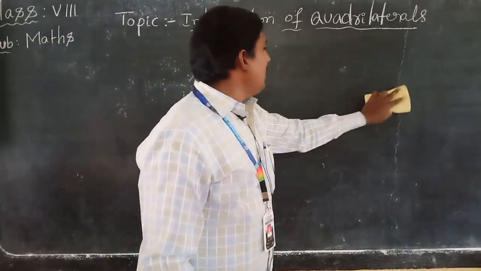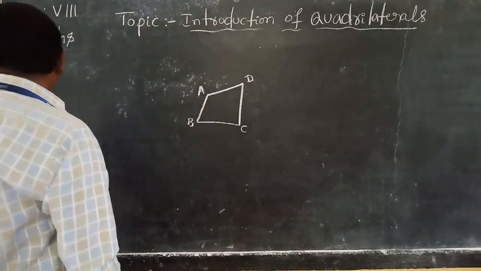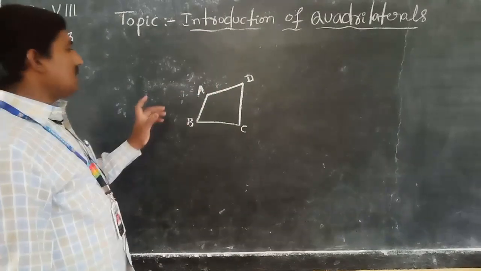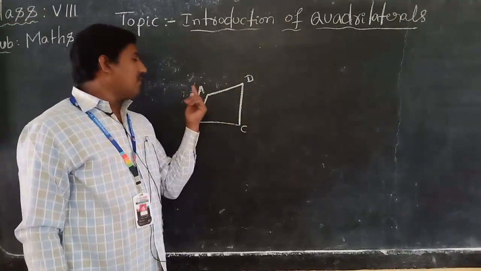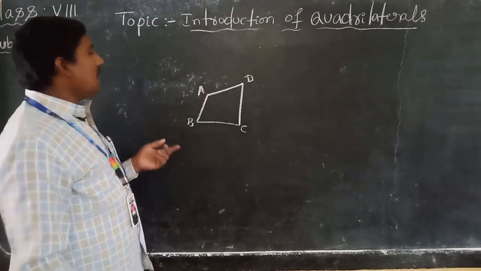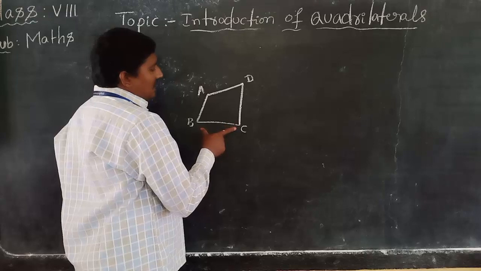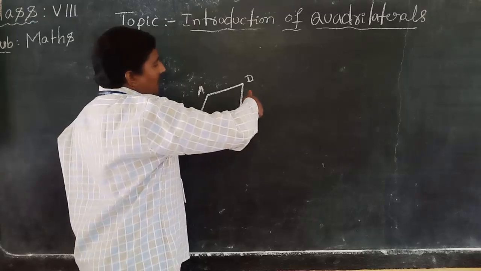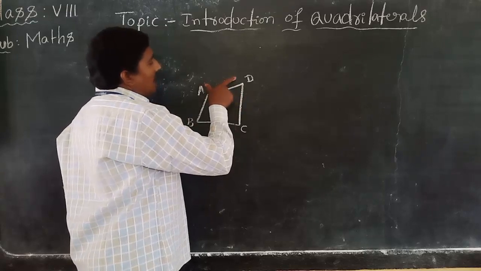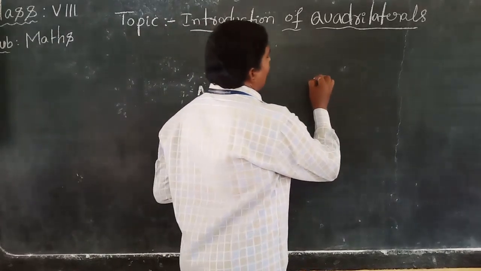In this ABCD quadrilateral, a figure made with 4 line segments is a quadrilateral. Here see the line segments: AB, BC, CD, DA.